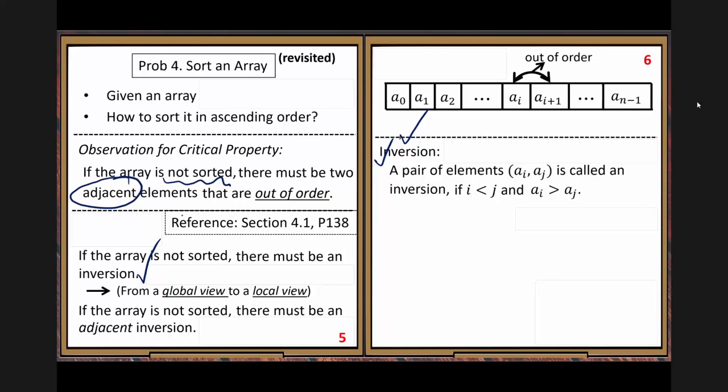It's easier to identify a local inversion. So here we like to take the local view for the inversions in a given array.